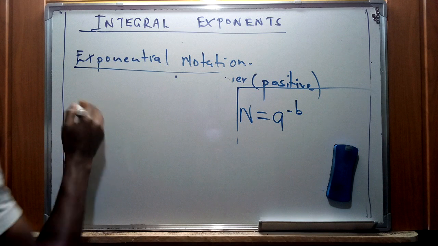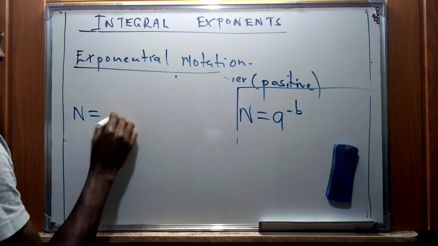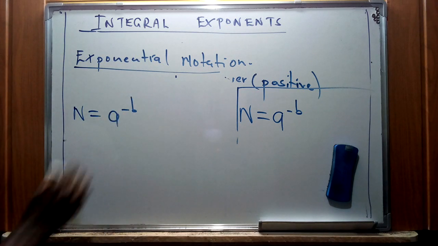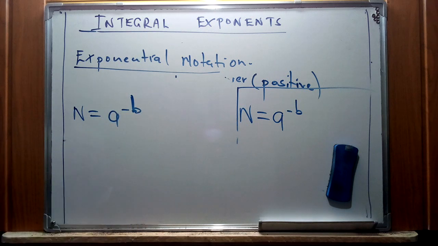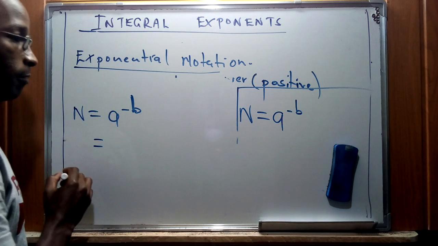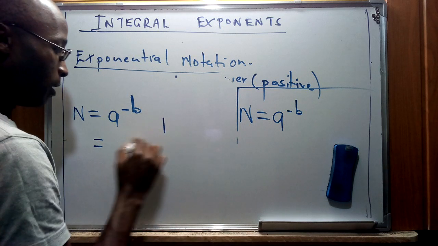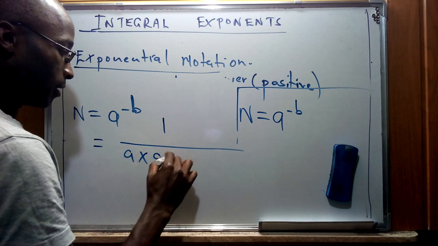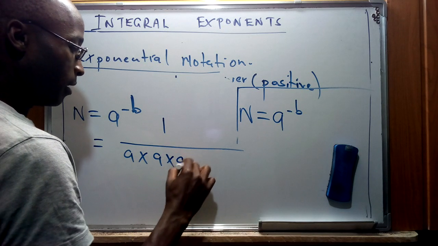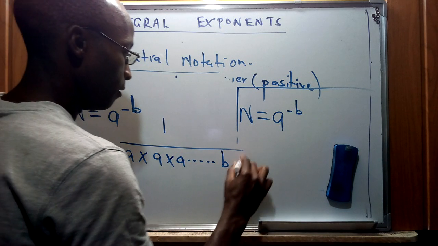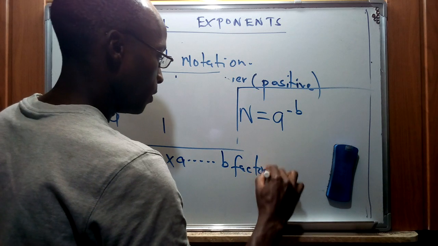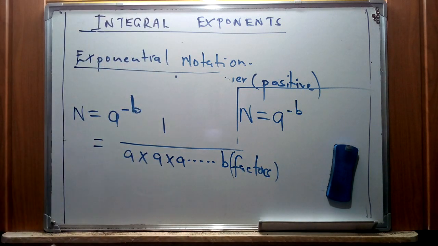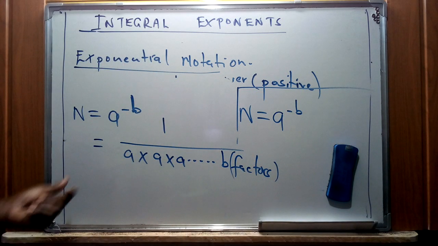So if n is a result of the base a, which has been multiplied using the negative integer b, then as we have said, this is going to be a multiplicative inverse, whereby we're going to have all the products being a factor of a inverse, up to b factors. Therefore, this applies to negative integral exponents.